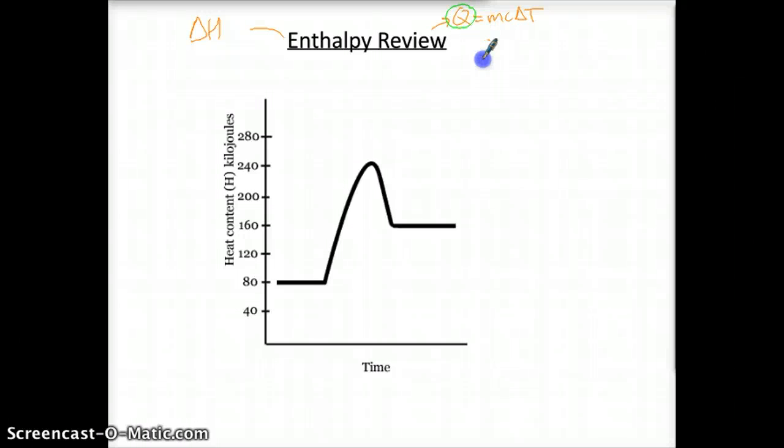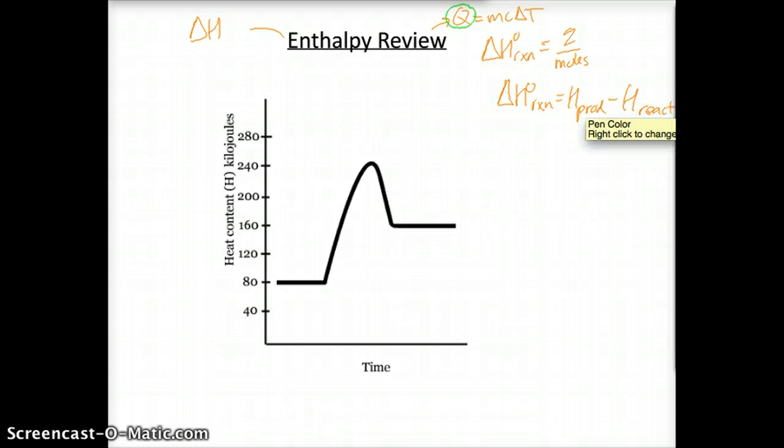And then we learned if you wanted to calculate delta H naught of a reaction, that was equal to Q over the moles of the amount of compound that was being involved. And if we knew the products and the reactants, we could also figure out that delta H naught of reaction is equal to H of products minus H of reactants. So those equations hopefully look a little bit familiar to you.